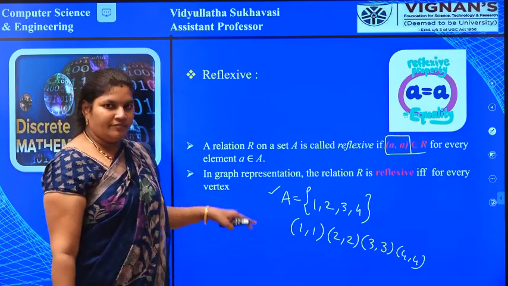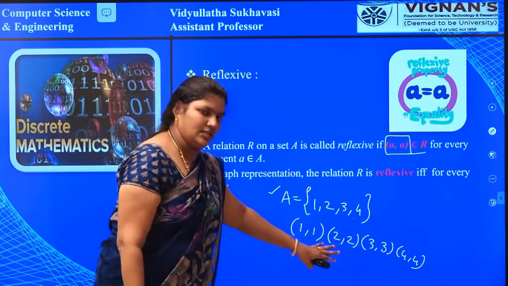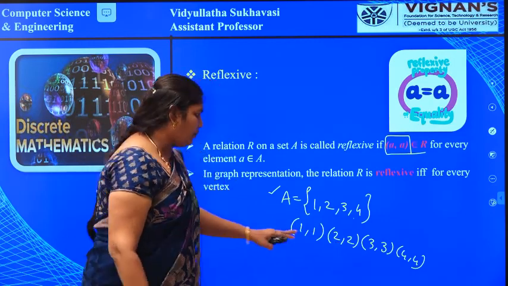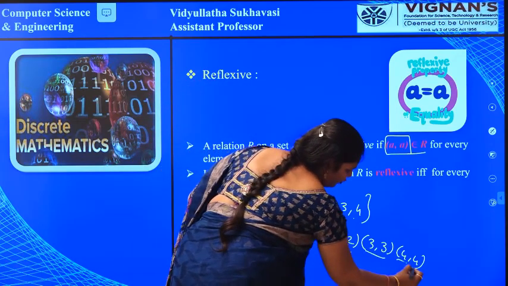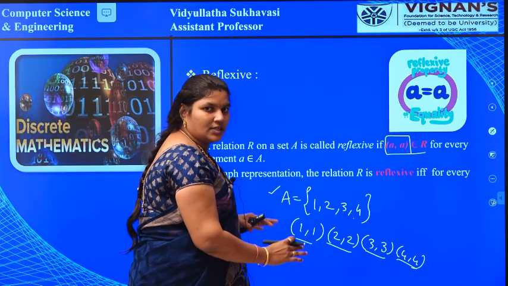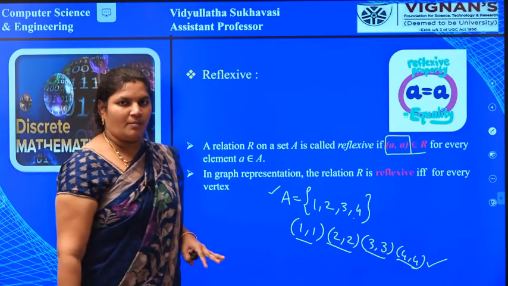If all 4 pairs, 1 comma 1, 2 comma 2, 3 comma 3, 4 comma 4, exist in the relation R, then we can directly say it is satisfying the reflexive property.